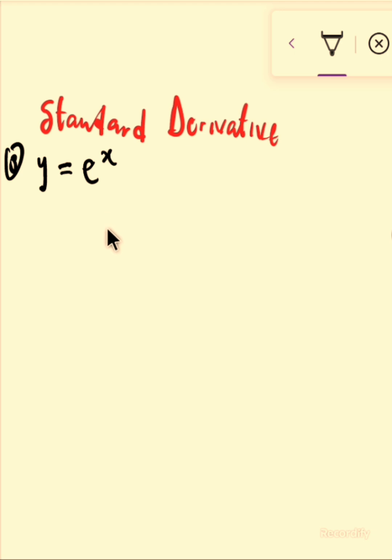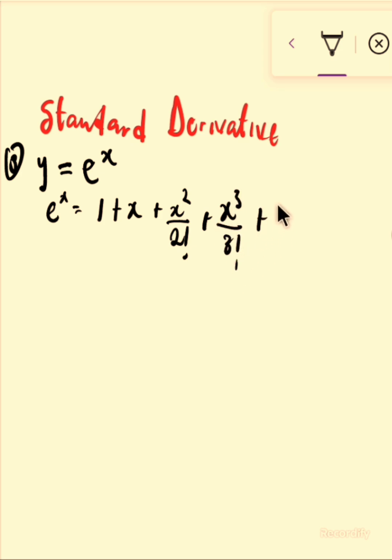Having y equals e to the power of x, the first thing I would like to let you know is that e to the power of x is given as a series: 1 plus x plus x squared over 2 factorial plus x cubed over 3 factorial plus x to the power 4 over 4 factorial plus dot dot dot. The three dots tell us that the series continues.